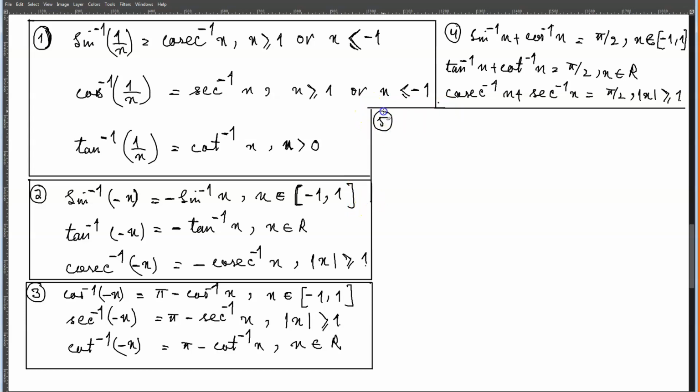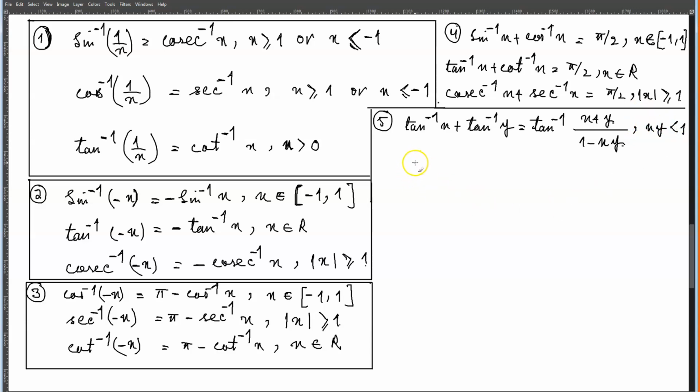For number 5, we said that tan inverse of x plus tan inverse of y is equal to tan inverse of x plus y over 1 minus xy for x times y less than 1.